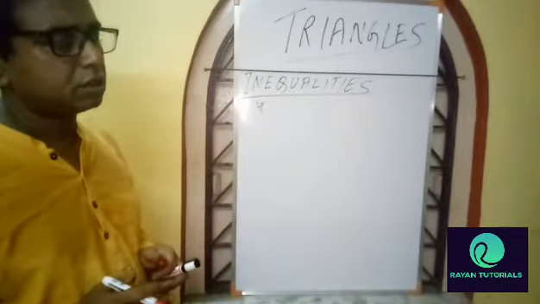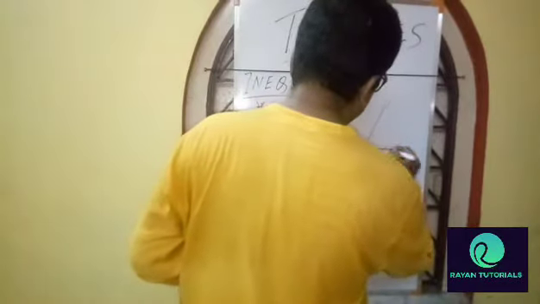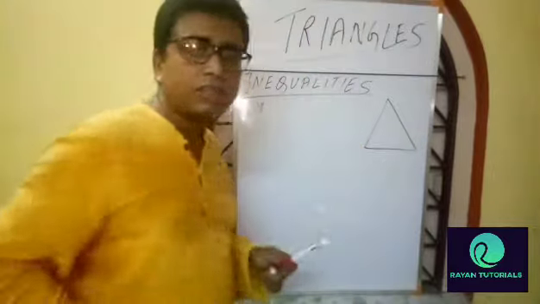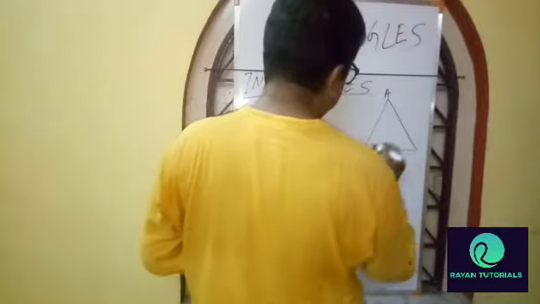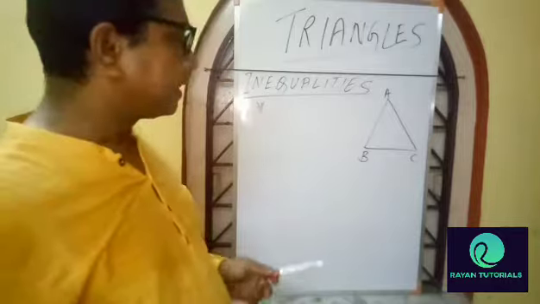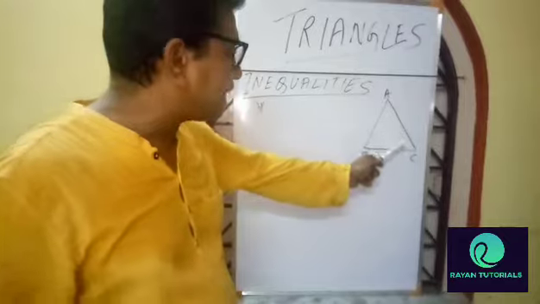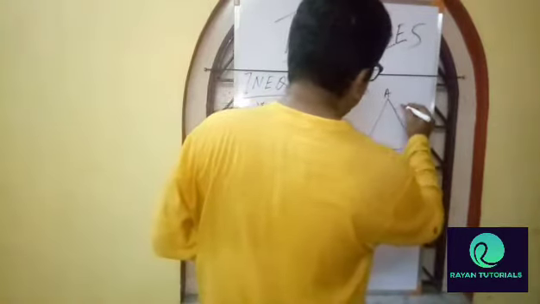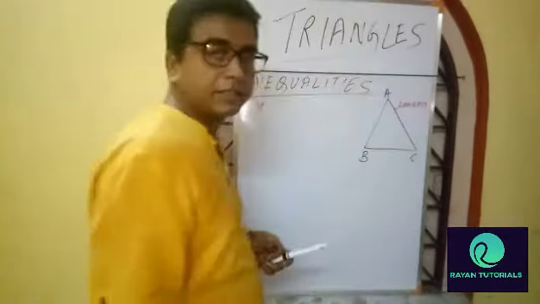Suppose in a triangle, these three sides are not the same. Okay? Now my theorem of inequality states that suppose AC is the longest side.